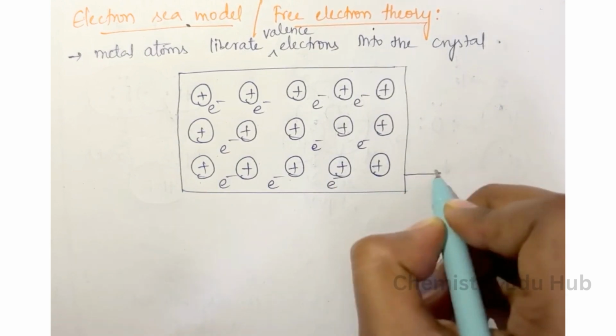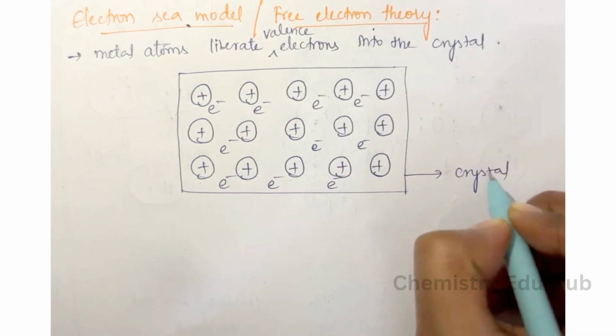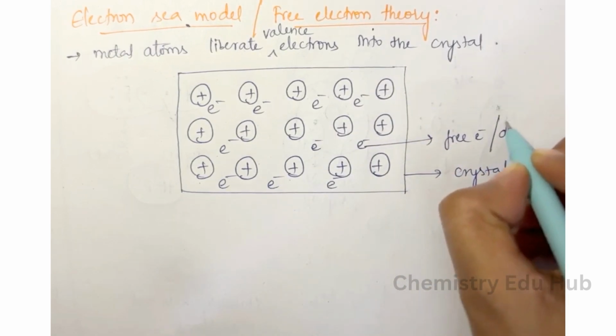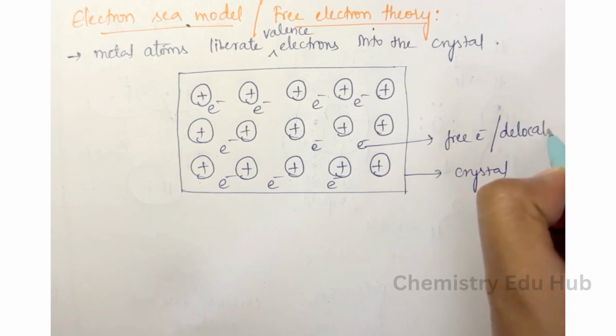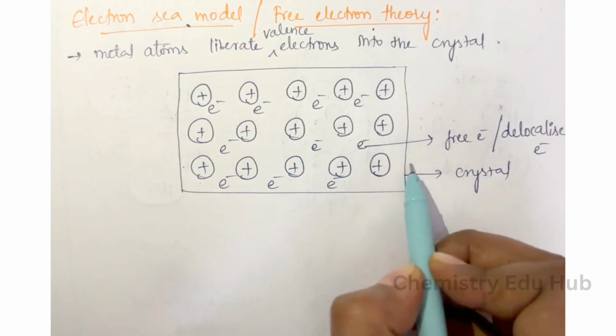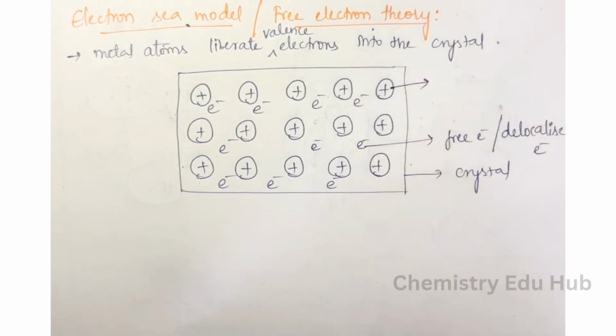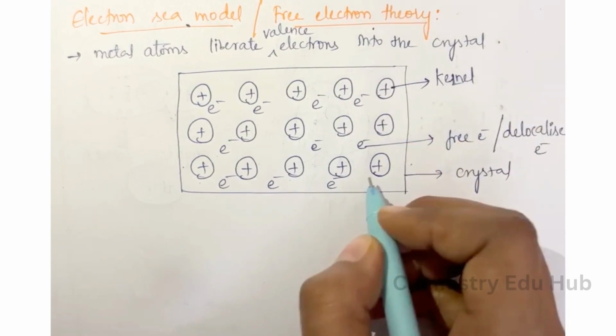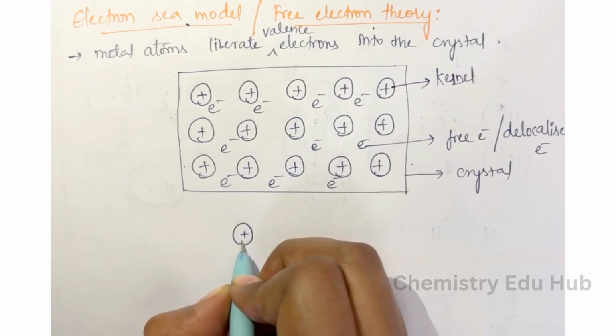Now if this is the crystal lattice, these are the free electrons, or you can say delocalized electrons. That means they can move freely from one end to the other end. Now what is this positive part? They are called kernels.